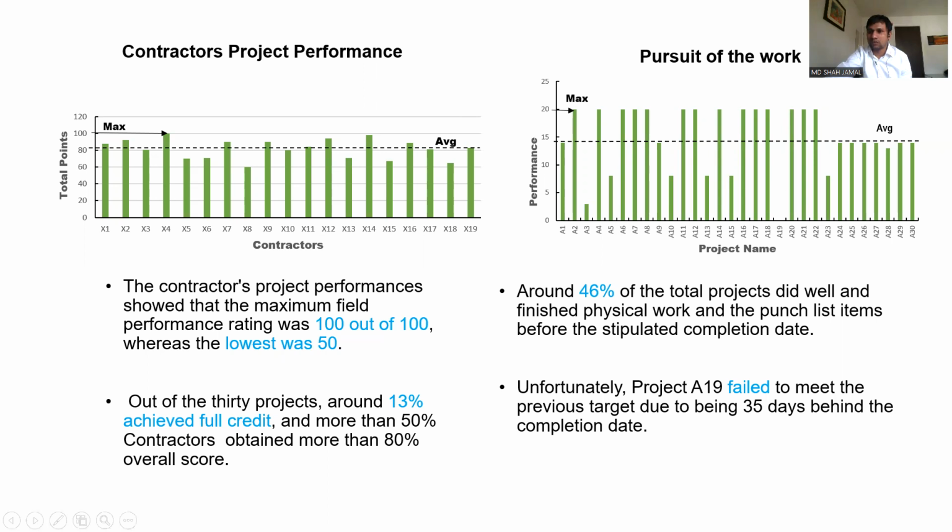Here is the first factor, the pursuit of the work. Around 46% of the total projects did well and finished physical work and the punch list items before the stipulated completion date. Unfortunately, project A19 failed to meet the target due to being 35 days behind the completion date.